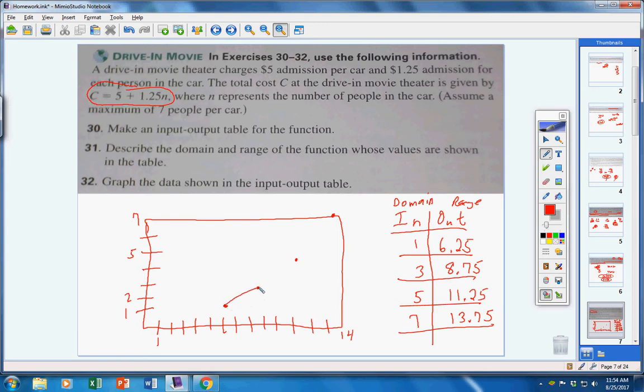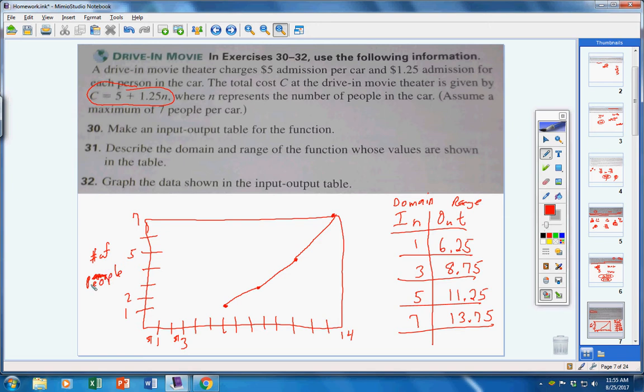So our line graph would look like this, and then this, and then this. I hope I've not gone too fast, students, but actually, yeah, this is your money down here. So I'll put a dollar sign here, and this is number of people.